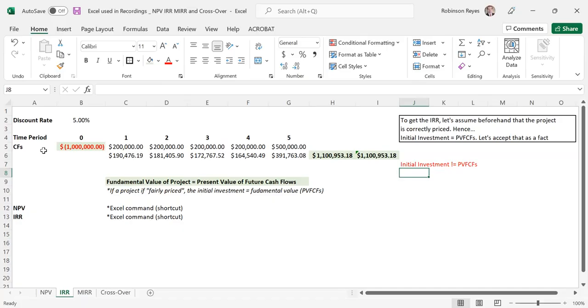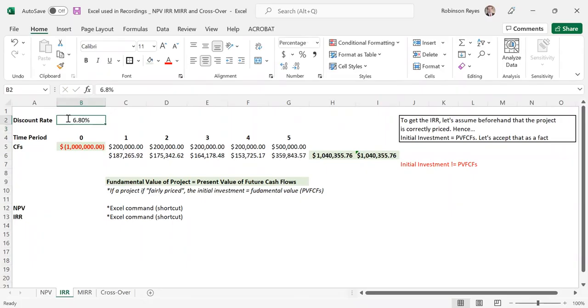Now, the internal rate of return, can we make this hold? Well, if we change the discount rate, we could make it hold. So if we increase the discount rate to 6%, now this present value of future cash flow starts decreasing. If we make it 6.5, it starts decreasing. If we make it 6.8, it continues decreasing.